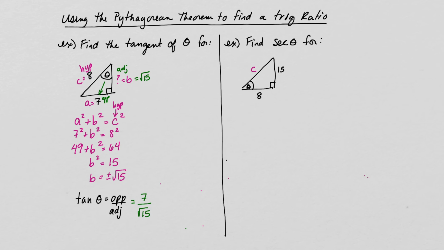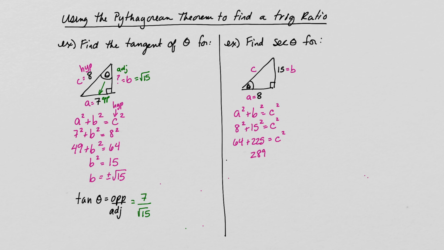So it doesn't matter what we call a and b, so we'll just call 8 the a and 15 the b. So again, a squared plus b squared equals c squared. So 8 squared plus 15 squared equals c squared. So 64 plus 225 equals c squared.